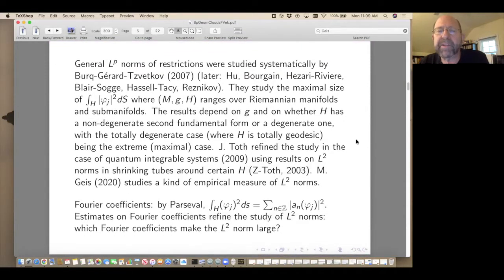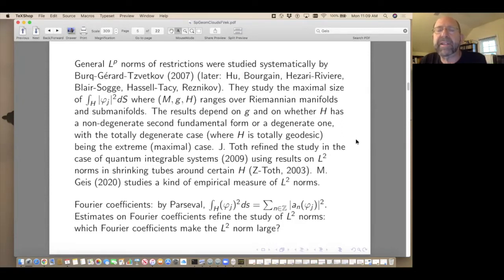Lp norms of restrictions were studied systematically in a paper of Burq, Gérard and Tzvetkov, and later there are many papers of this type by Hu, Bruggeman, Hassell, Rivière, Blair and Sogge, Tacy, Reznikov. I'm undoubtedly missing names.